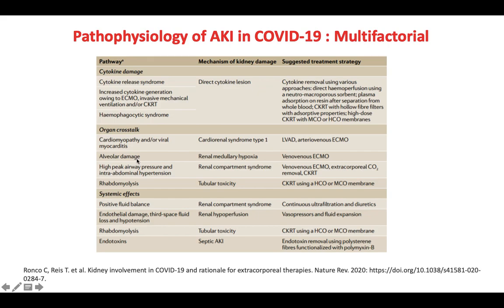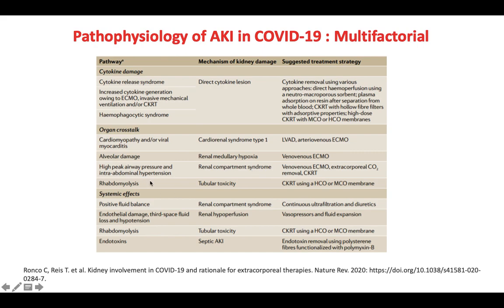Alveolar damage leads to some sort of cytokine storm. Along with that, if patients have severe manifestation as ARDS with poor oxygenation, renal medullary hypoxia is also going to happen. Because of the peak airway pressure, increased intra-abdominal pressure leads to renal compartment syndrome, which compromises the renal perfusion.